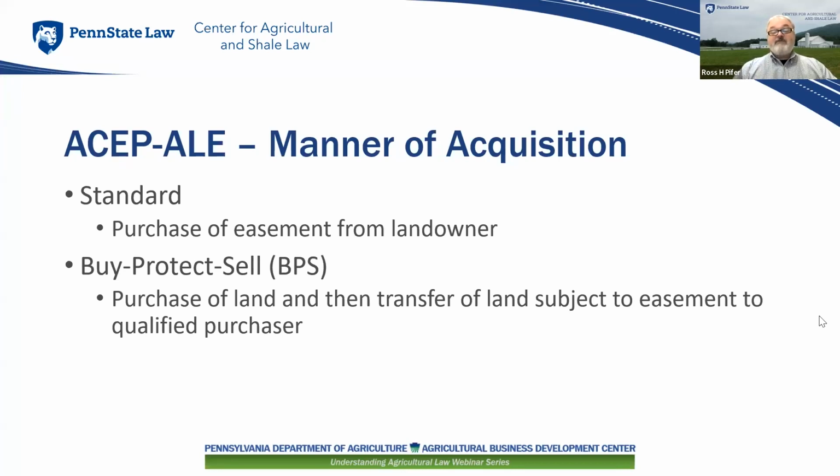At the front end of the transaction, it looks just like a purchase, but on the back end of that transaction, you have a sale with the reservation of an easement. So that can be used in certain situations where, in either of these cases, you have land that is subject to the easement, but you have different ways of getting to that end point.